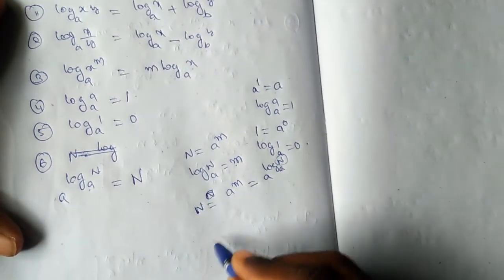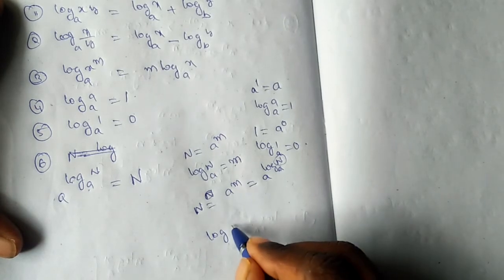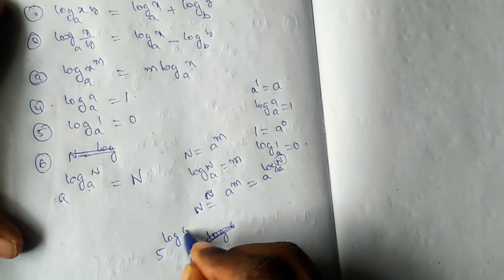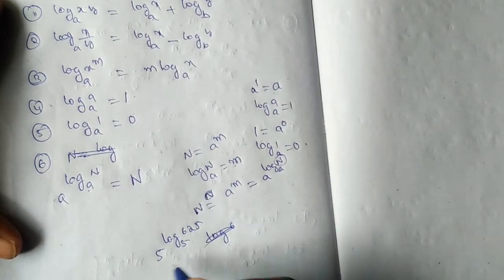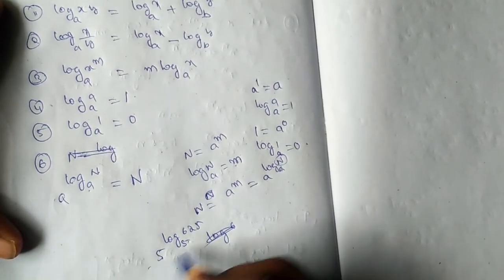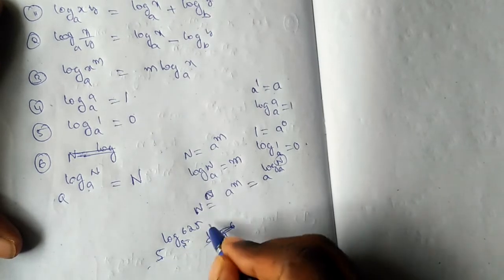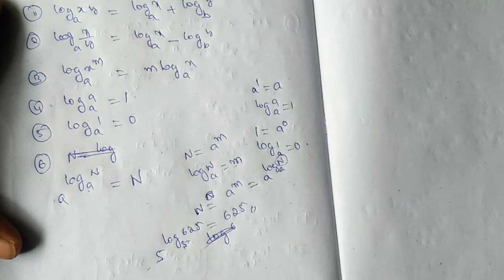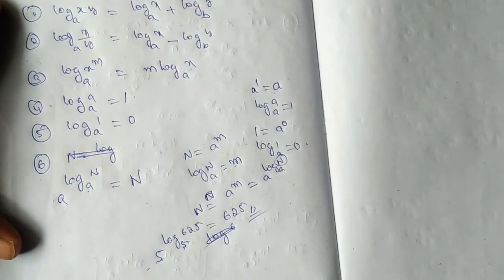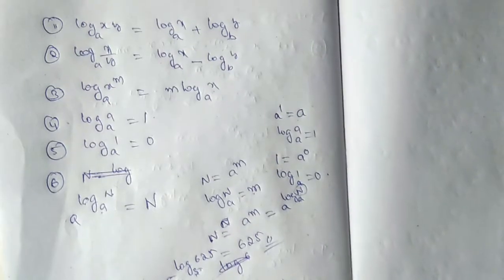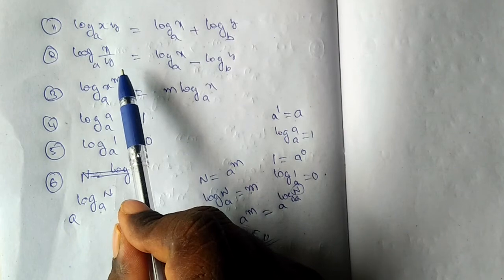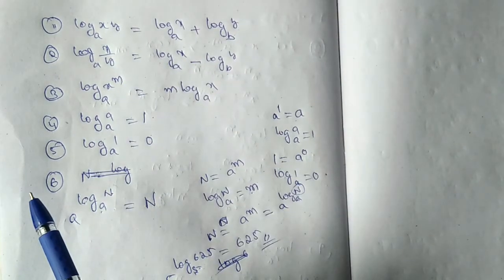For example, 5 to the power of log 625 base 5. Here the two bases are the same, so 625 is directly the answer. Understood? Please note down these formulas in the classwork.